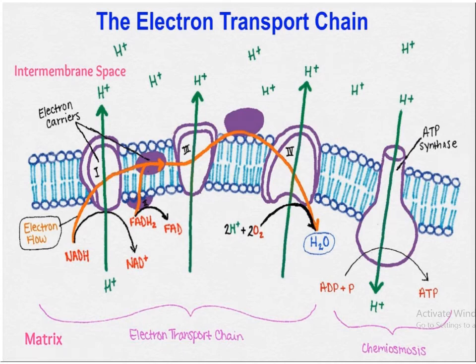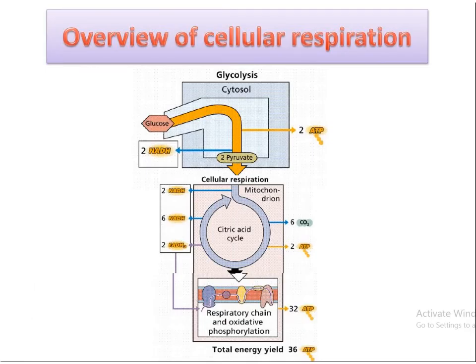So this was our target. Now this is the overview of cellular respiration. Each 2.5 moles of ATP is produced from 1 mole of NADH, and 1.5 moles of ATP is produced from 1 mole of FADH2.